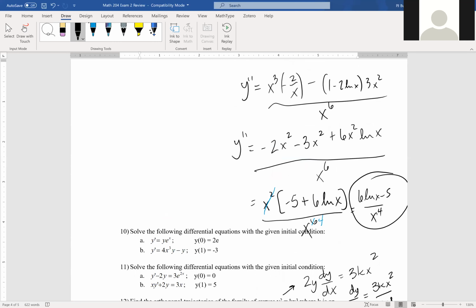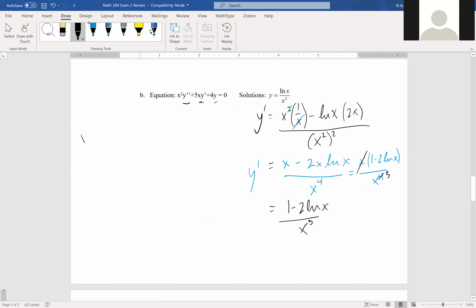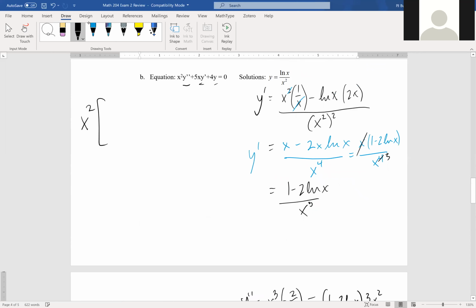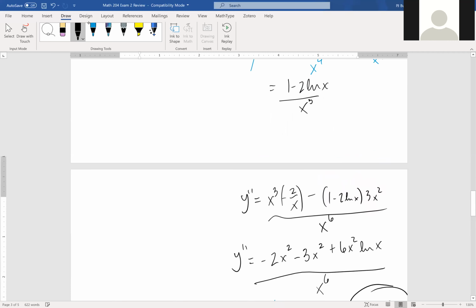So now I got to plug that all back in. So this is x squared times what I just found, which is 6 natural log x minus 5 all over x to the 4th.